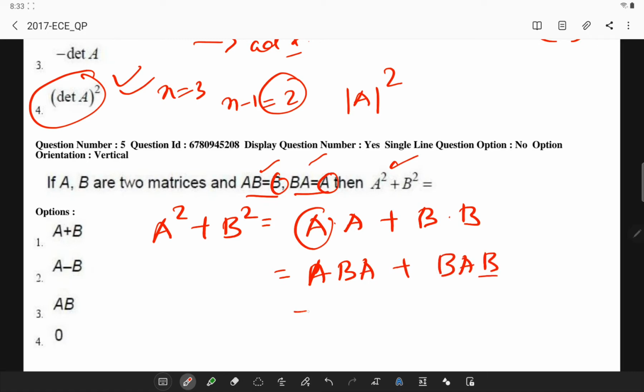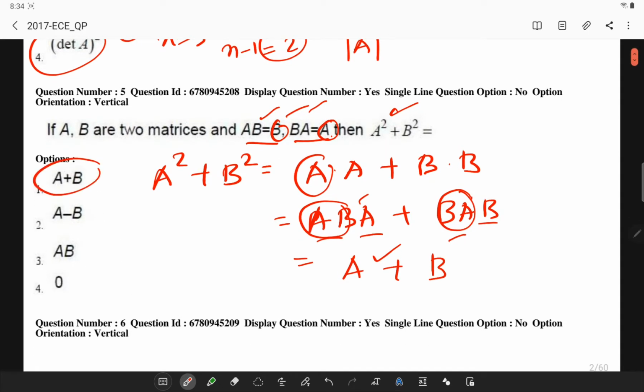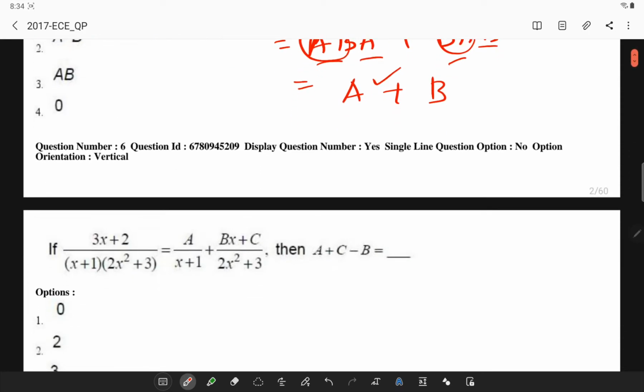Now if I rearrange the terms, AB will be B and BA will be A, so I will be left with simply A plus B.